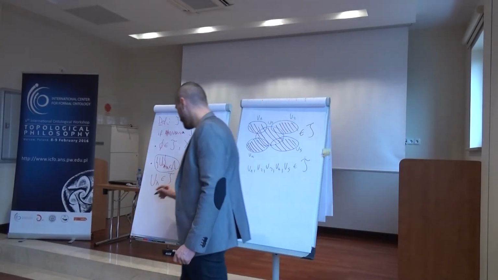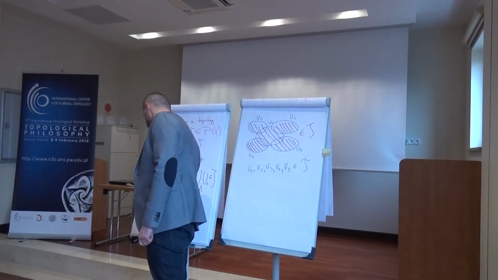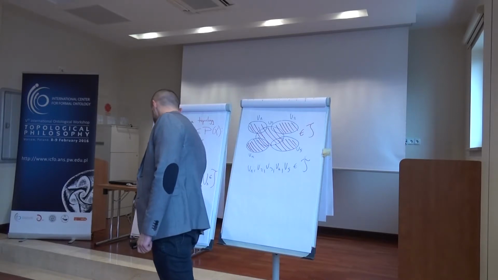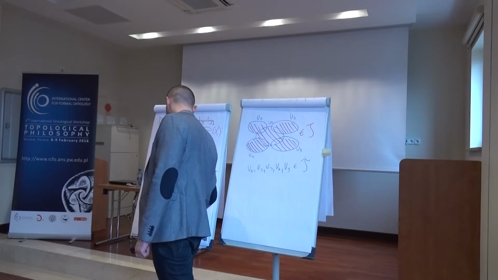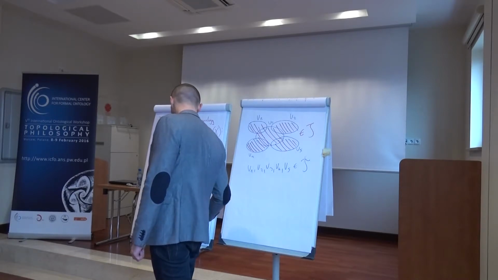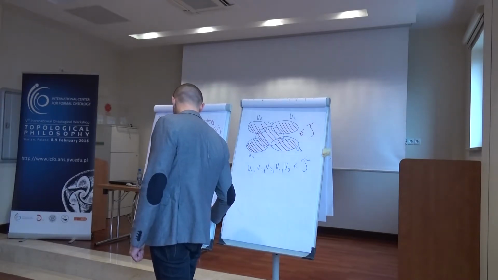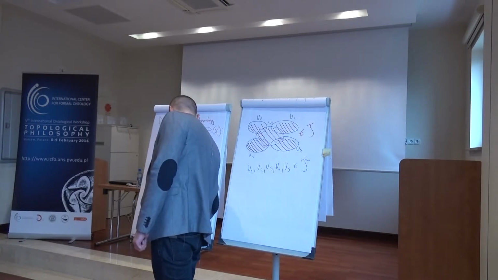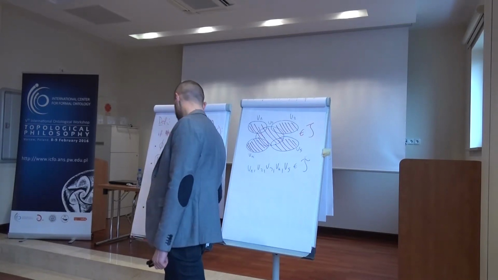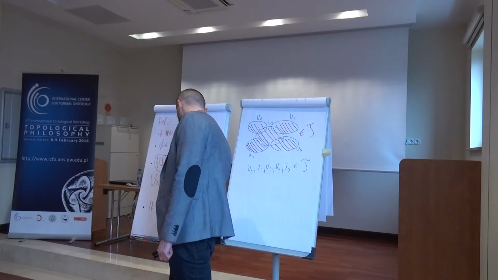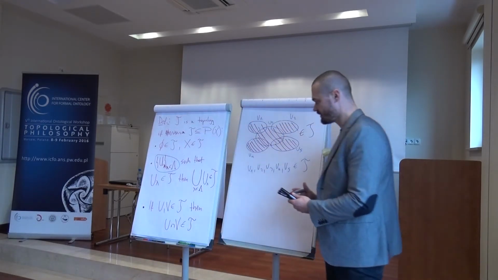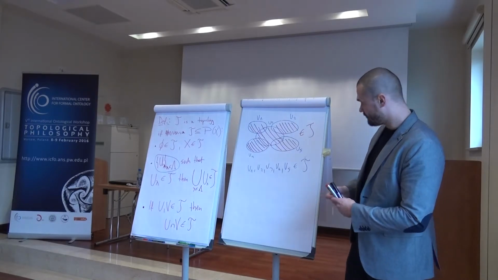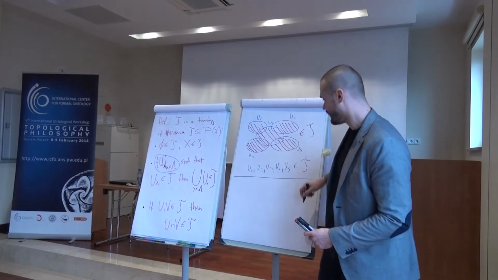And there is also a third condition. If U and V belong to T, then the common part of U and V also belongs to T. Okay? Which can be illustrated like this.